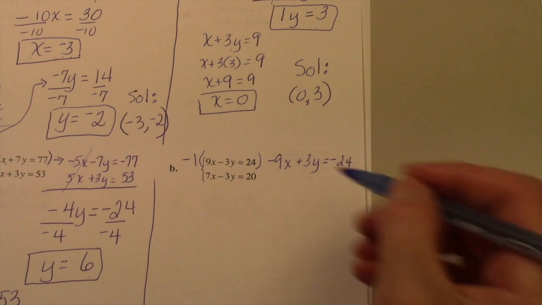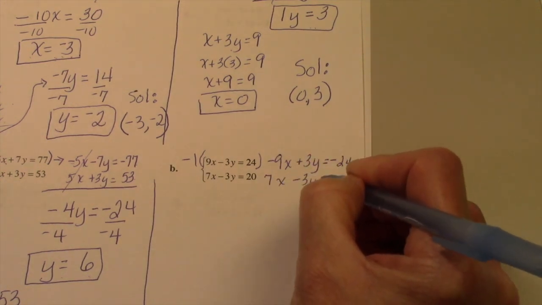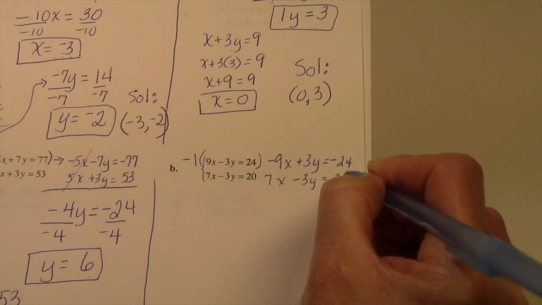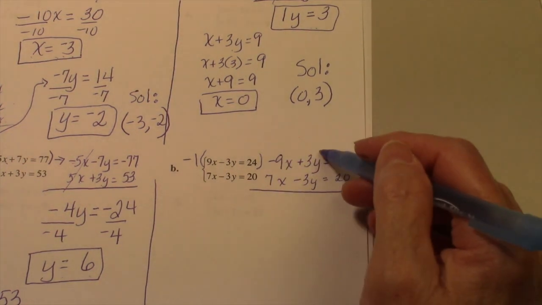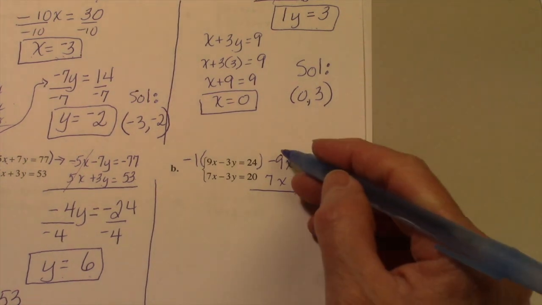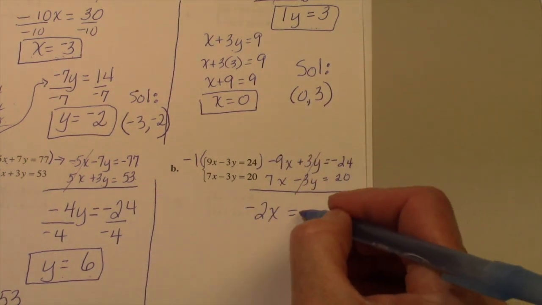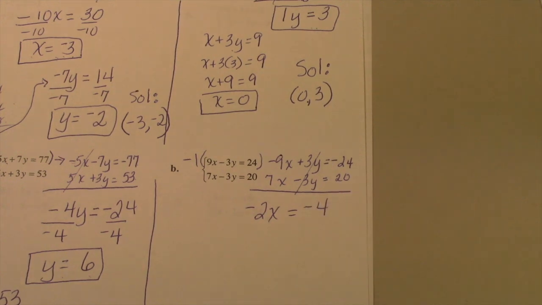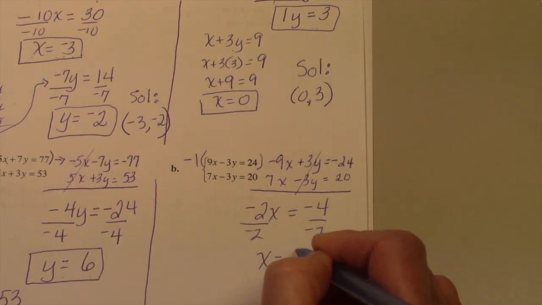Multiplied by negative 1. The bottom is 7x minus 3y equals 20. Didn't change the bottom at all. Did not touch it. Bye-bye. These two make negative 2x equals lovely, lovely negative 4. Divide by negative 2, divide by negative 2, x equals 2.